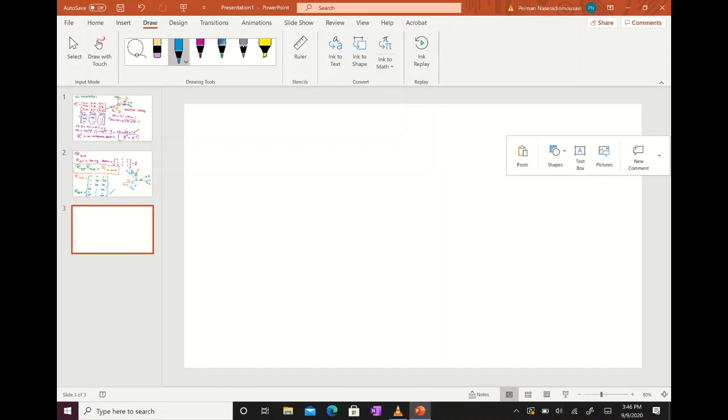Let me fix this because it's getting hot and it's gonna freeze. So I'm naming as rotational transformation. So what is that?